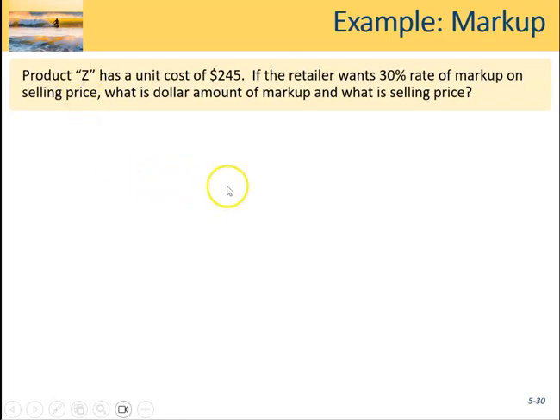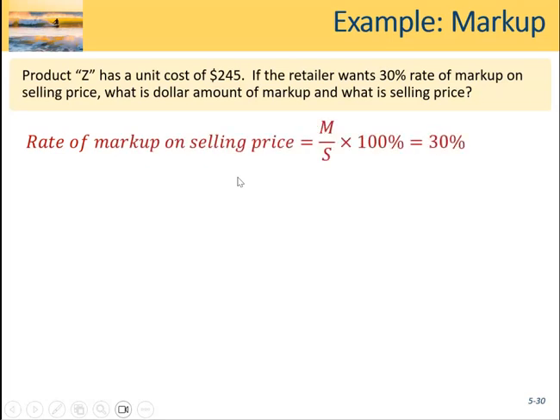Okay, so let's go through it. So we know that markup on selling price, we have M divided by S times 100 gives us 30%.